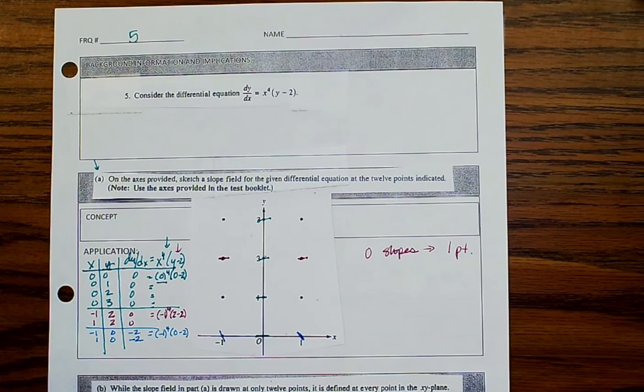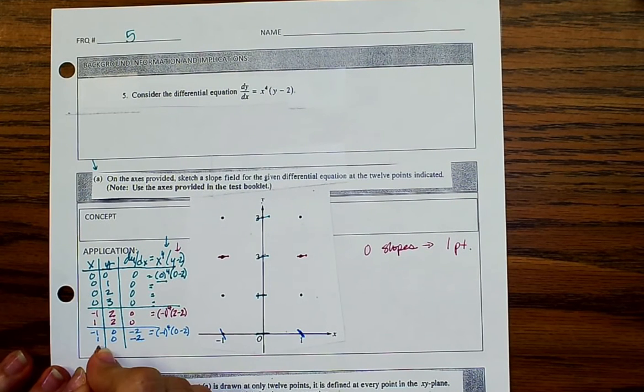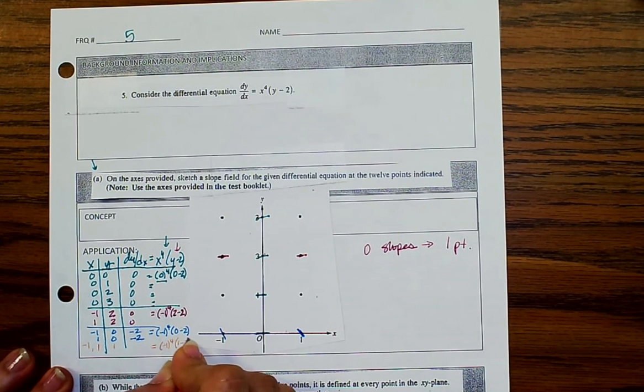When I take a couple more points, where x is 1 and y is also 1, so that would be true for (-1, 1) or (1, 1), my derivative is either 1 or negative 1 to the fourth times 1 minus 2, which is negative 1.